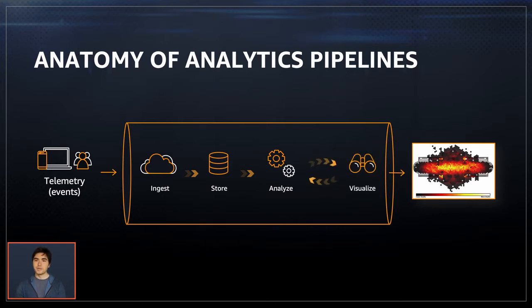And then finally, you have the visualize stage. And the visualization stage is where you're really starting to get insights out of the data. Maybe you're creating graphs or reports that you can look at to gain a high-level understanding of what's happening within your game and make decisions based off of that. For example, our visualization would be this 2D heat map that we're showing on the screen here.